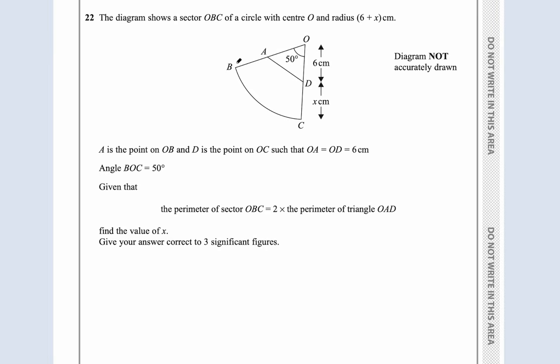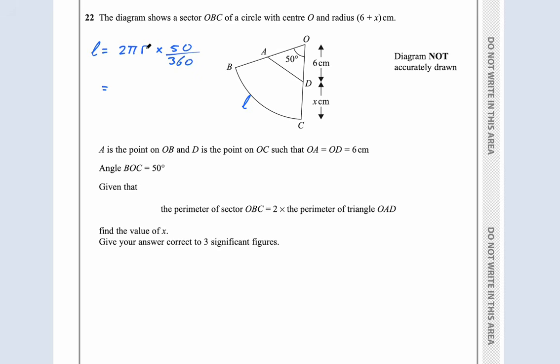The perimeter is going to be my 6 plus x plus my 6 plus x plus this arc length. Let's call it L and find L. L is equal to 2 pi r, the circumference of the circle, times 50 over 360, because that's the fraction of the circumference that we want.